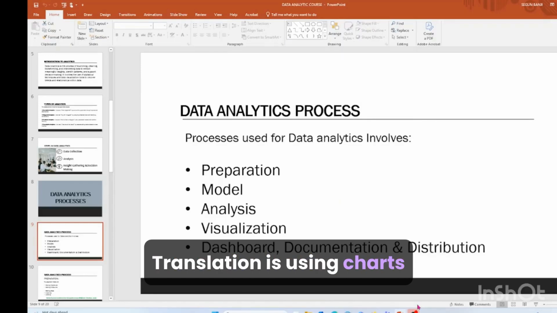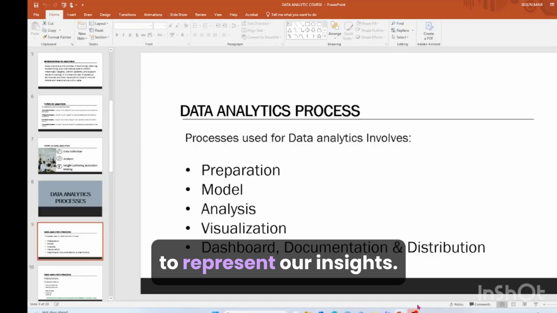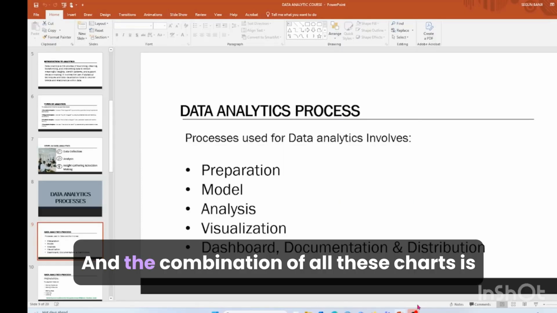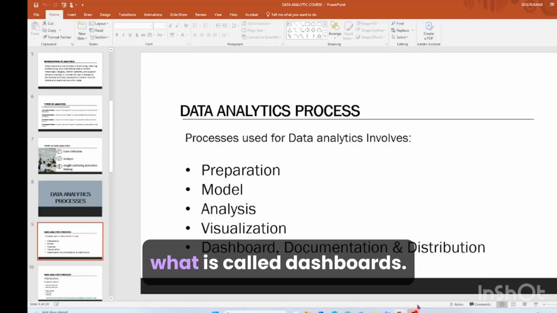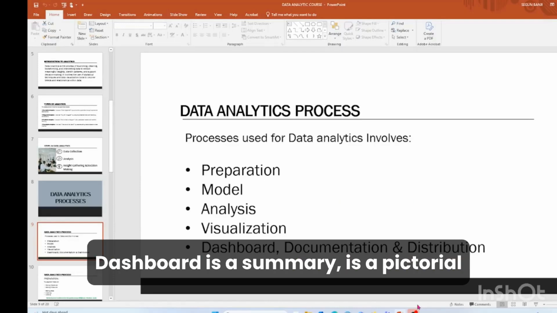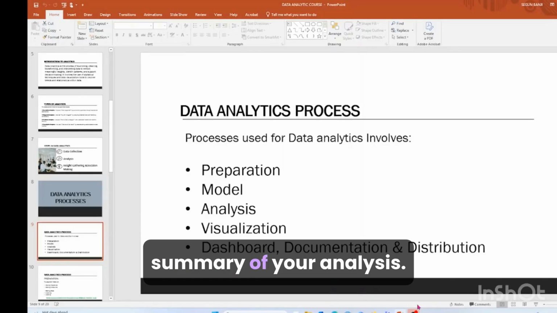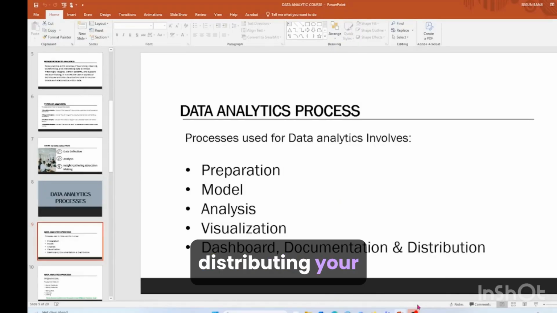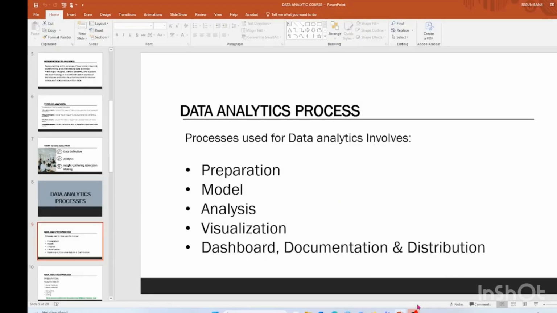Visualization is using charts to represent our insights, using charts to show what we have analyzed. And the combination of all these charts is what is called a dashboard. A dashboard is a pictorial summary of your analysis. Then you have documentation, where you write your report and how you are distributing your analysis.